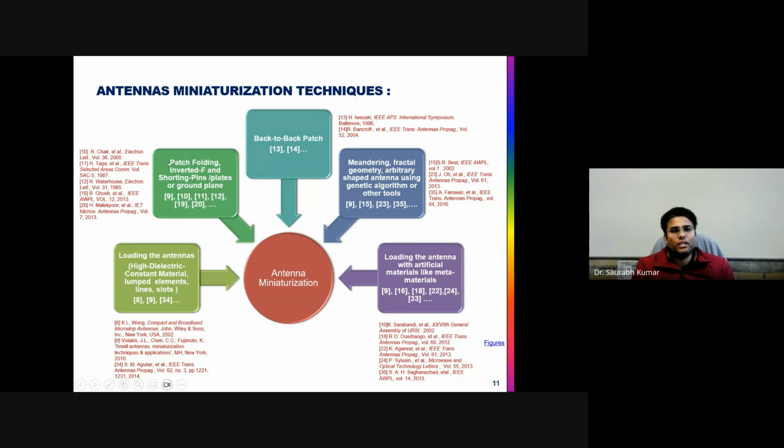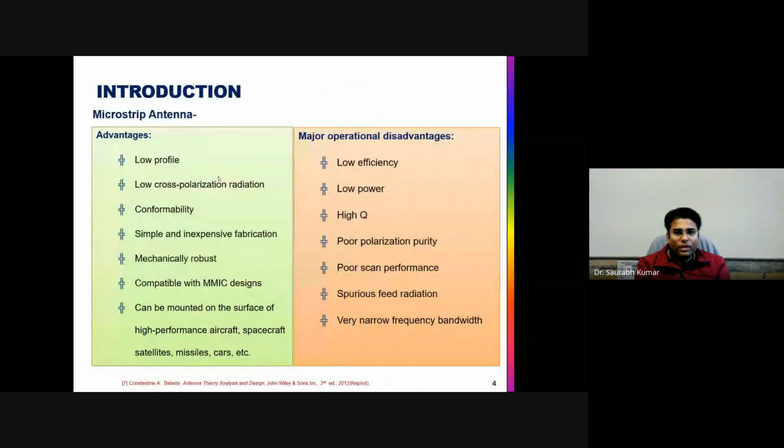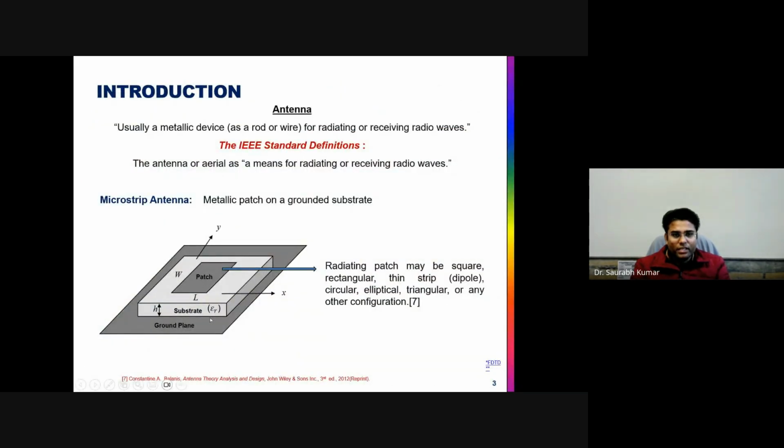Another set of techniques can be patch folding, inverted F, shorting pins and plates, or the ground plane. Patch folding means your antenna is made up of the patch and the ground plane.